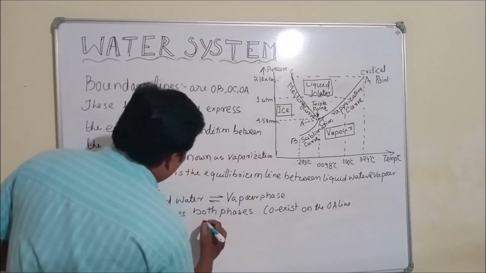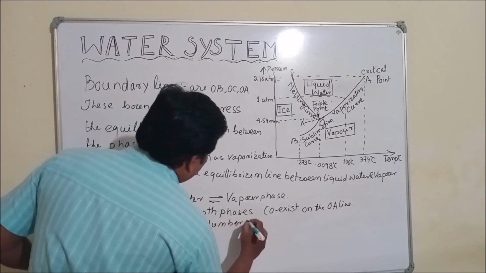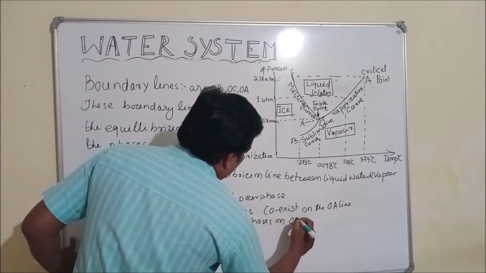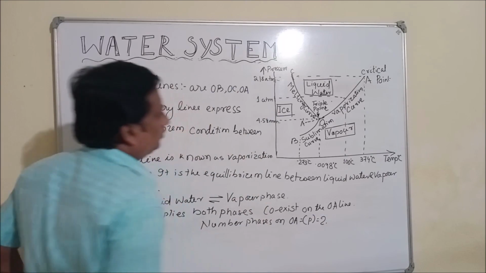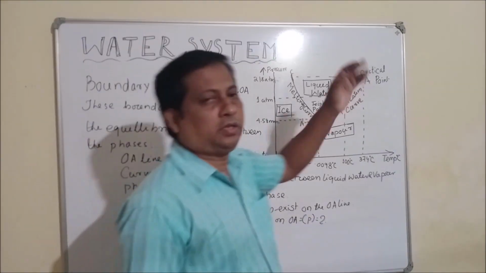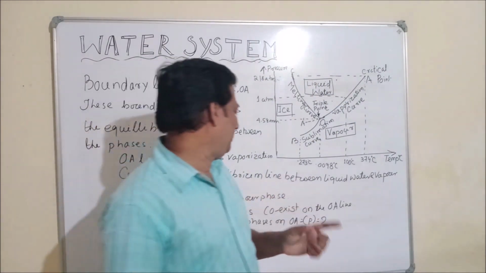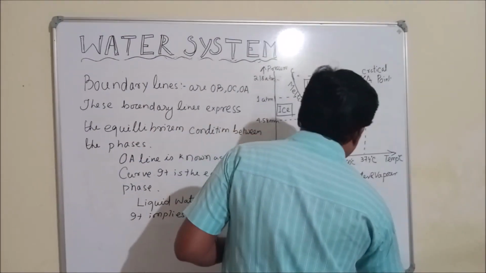That means what will be the number of phases on OA? P will be 2. So the number of phases on the line is 2. What will be the degrees of freedom?